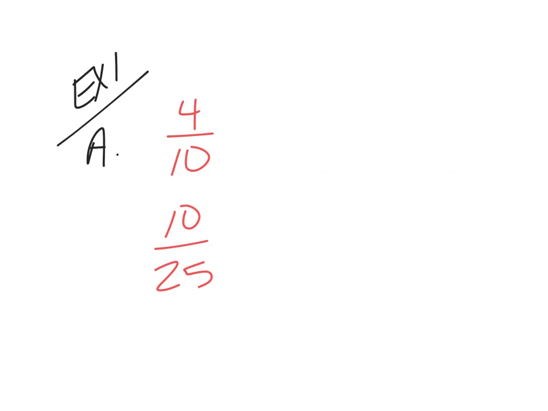We'll see. What we need to do is reduce both of these. What can we reduce 4/10 to? Divide both by 2, we get 2 over 5. What can we divide the 10 and 25 by? 5. 10 divided by 5 is 2, and 25 divided by 5 is 5.